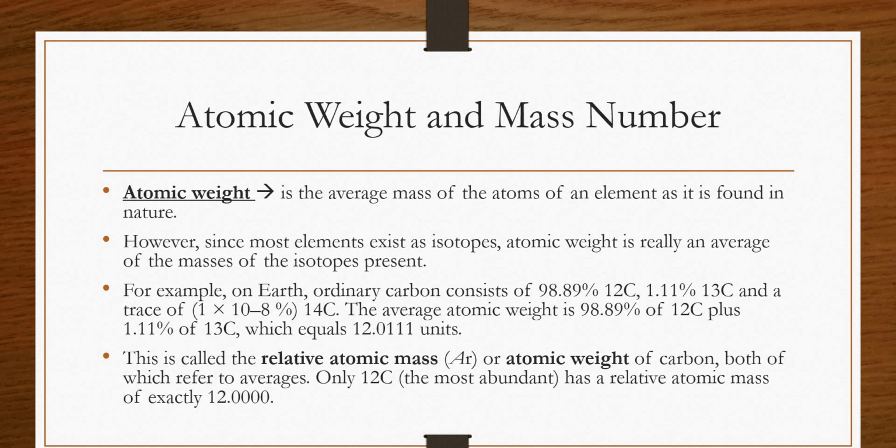For example, ordinary carbon consists of 98.89% 12 carbon, 1.11% 13 carbon, and a very small trace of 14 carbon. The average atomic weight is 98.89% of 12 carbon, and so on, which equals 12.0111 units. That's called the relative atomic mass or atomic weight of carbon, both of which refer to averages.